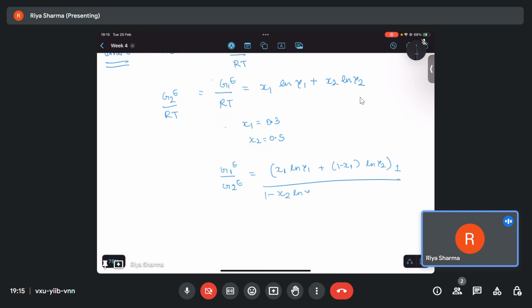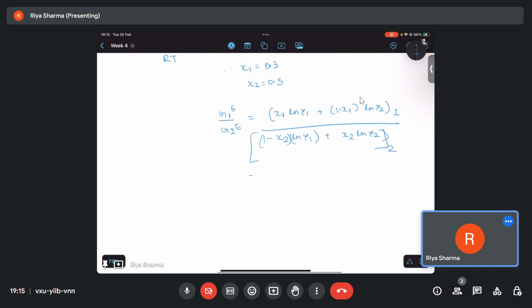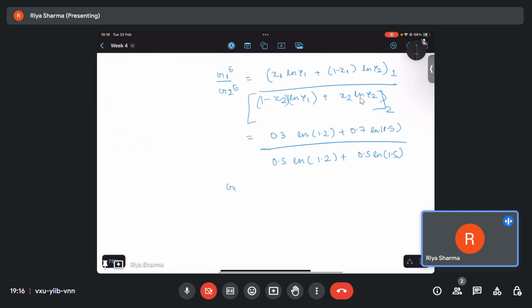So this will be equal to ln gamma 1 plus x2 into ln of gamma 2, which is equal to... so if we compare this G1E by G2E, it will be equal to 1.15.